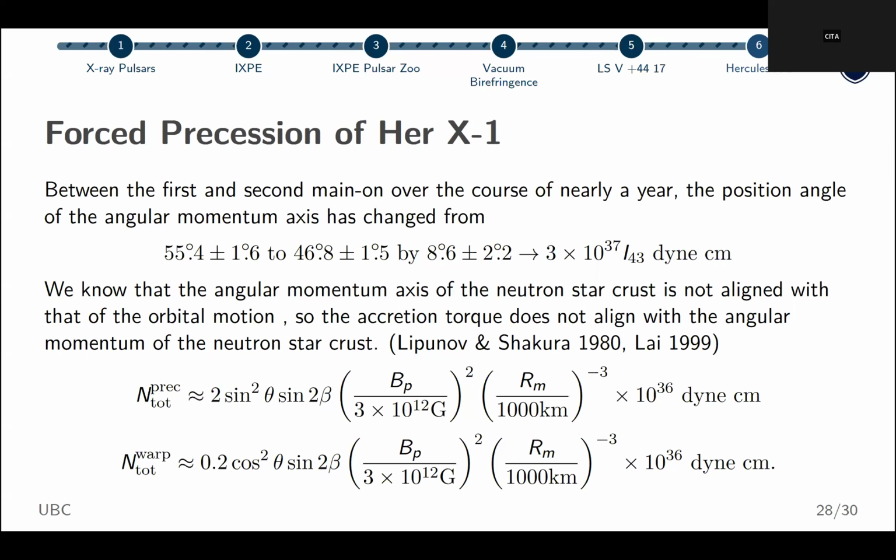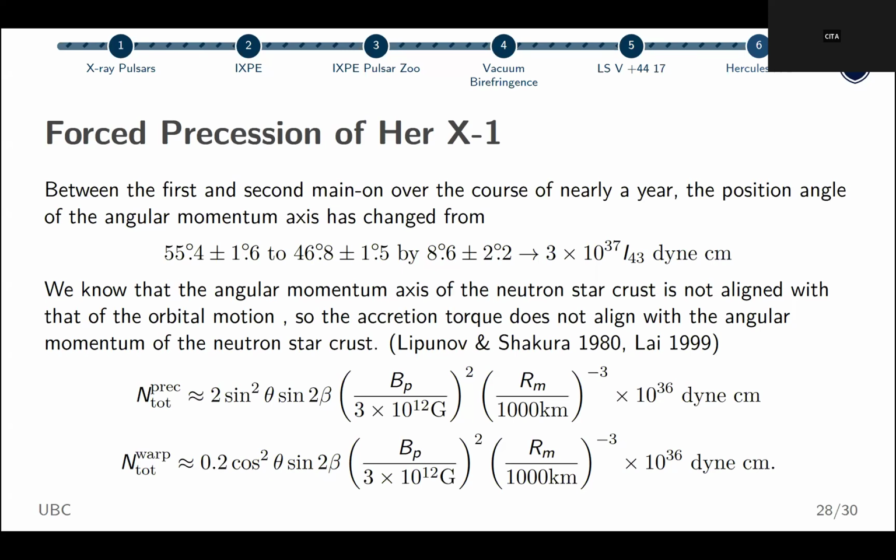The important thing is that if we think about the moment of inertia of the crust, these numbers are typically about 10 times what's required to do this to the crust. So that's overabundant, but that's okay because the crust is feeling a torque from the disk. It's also feeling a torque because it's a raw egg neutron star, not a hard-boiled neutron star.